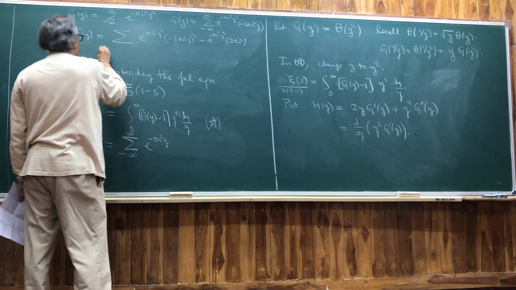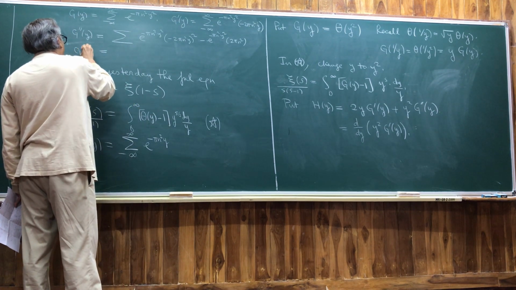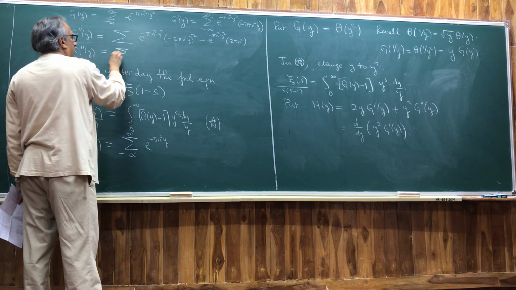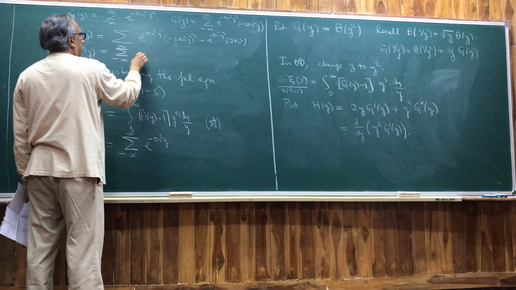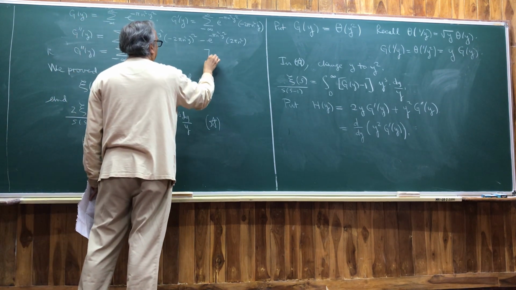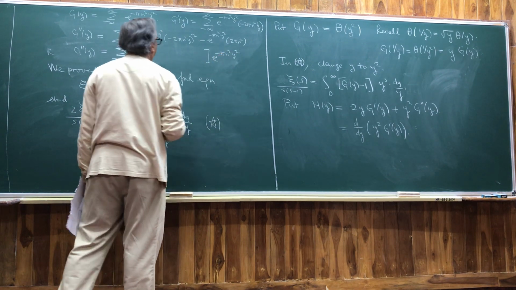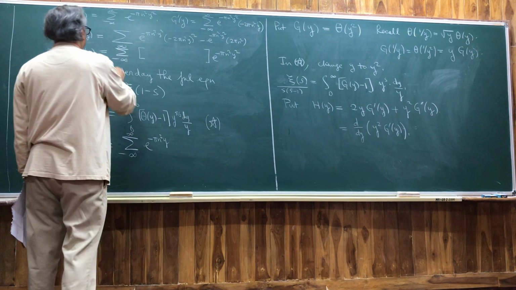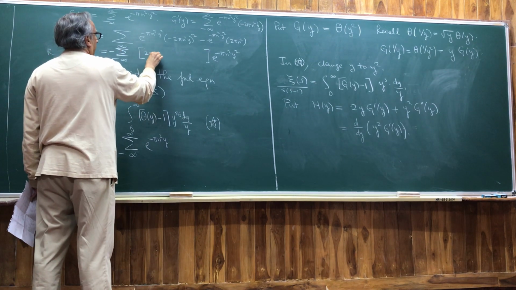So let's write this up cleanly. G double prime of y equals the sum from minus infinity to infinity of something times e to the minus pi n squared y squared, and 2 pi n squared y.